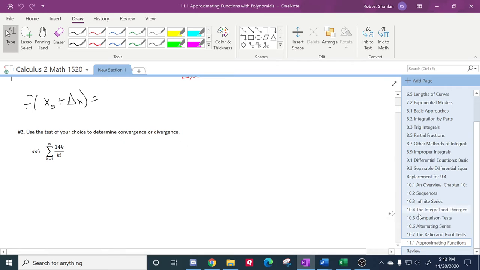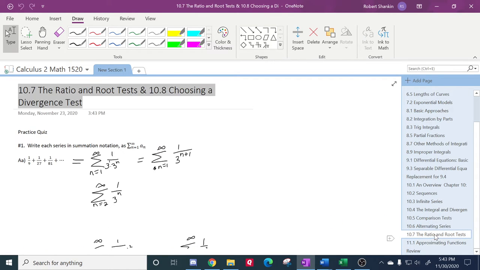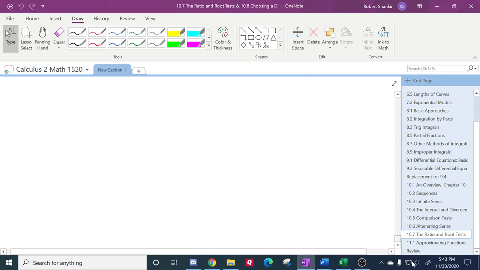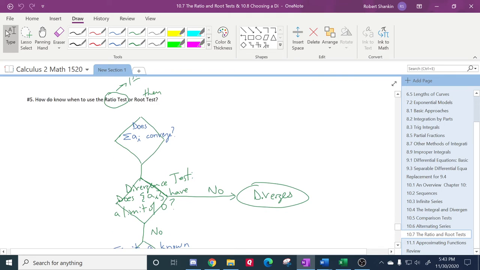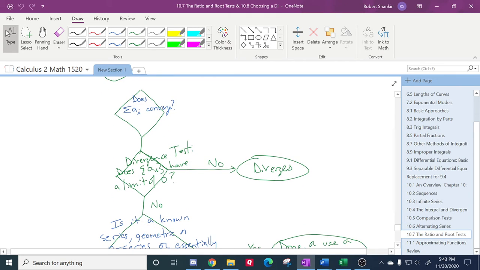Okay, so before I do this one, I'm going to come over here to yesterday, or last week's lecture. At the end, I had made this kind of a flow chart. And when you're asking, does a series converge? First thing, divergence test.